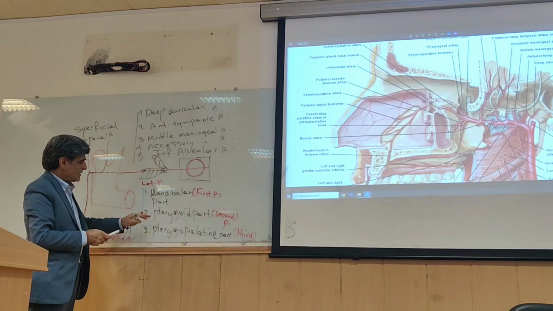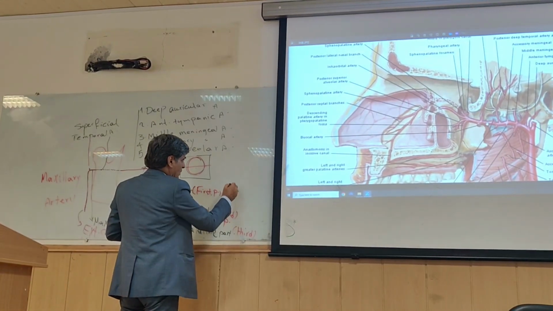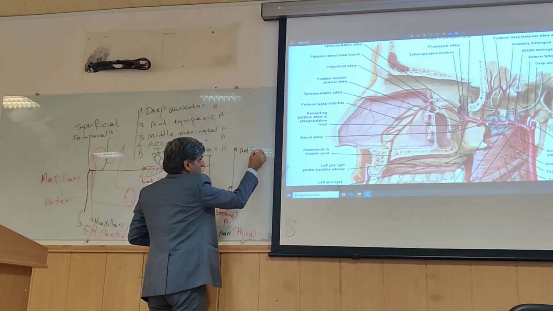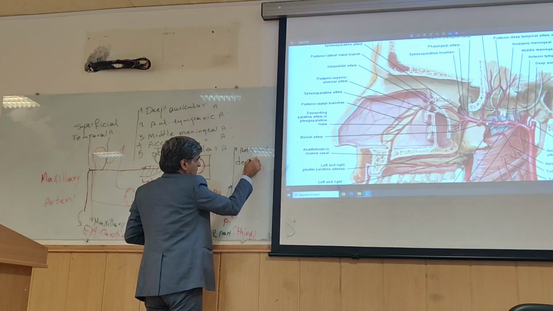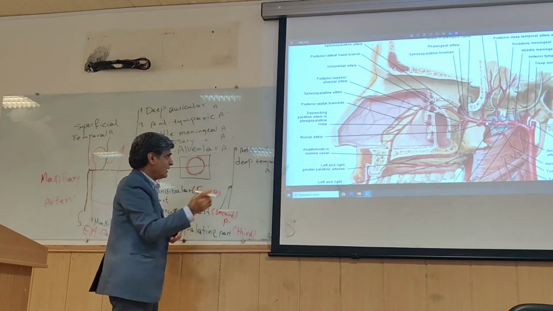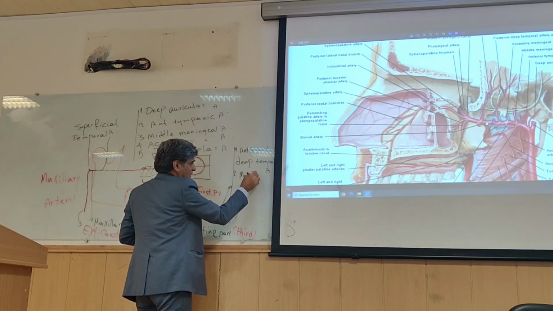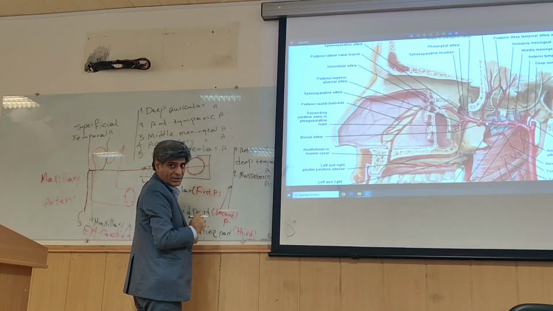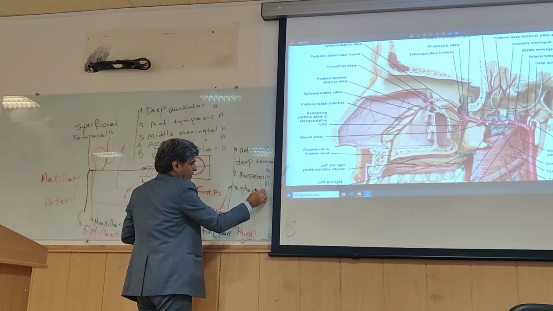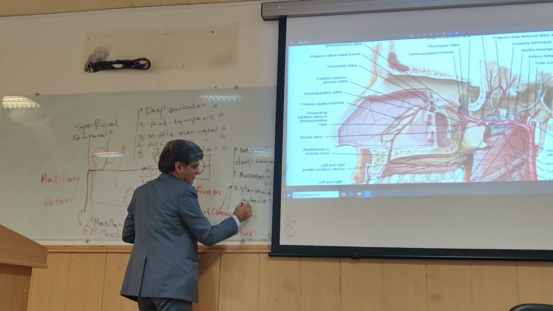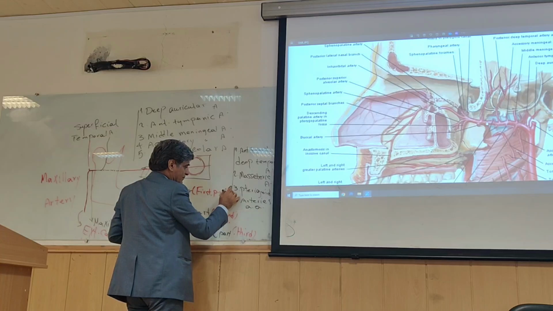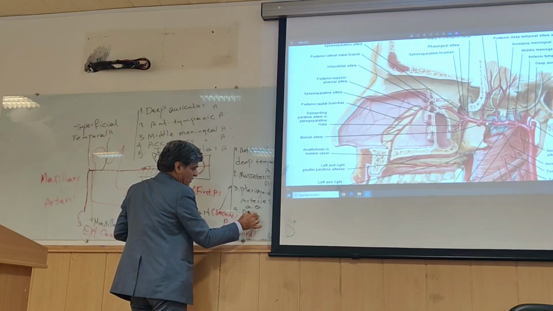The second part has branches: one, anterior and posterior deep temporal arteries, the blood supply of the temporalis muscle; two, the masseteric artery, the blood supply of the masseter muscle; three, the pterygoid arteries; and another, the buccal artery.